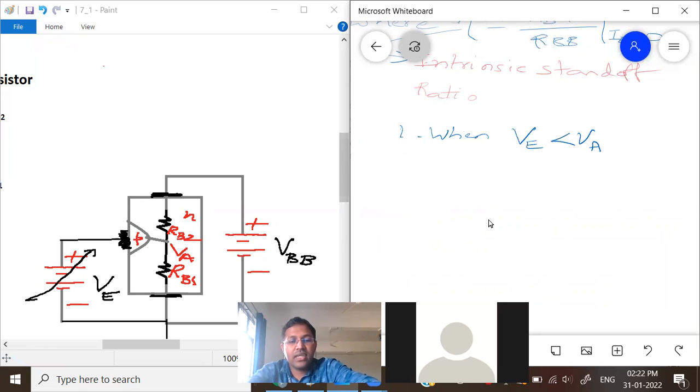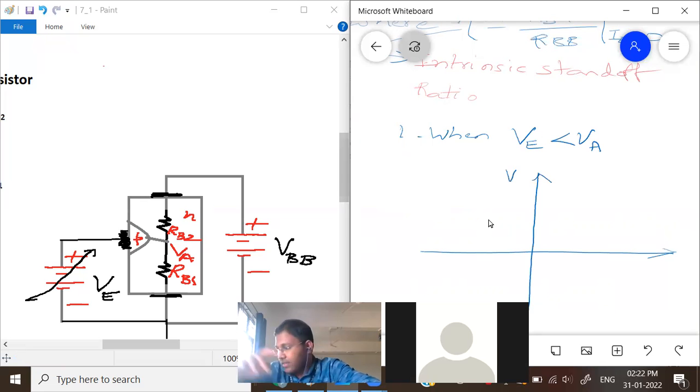We will plot the graph of voltage versus current, the graph for current versus voltage.